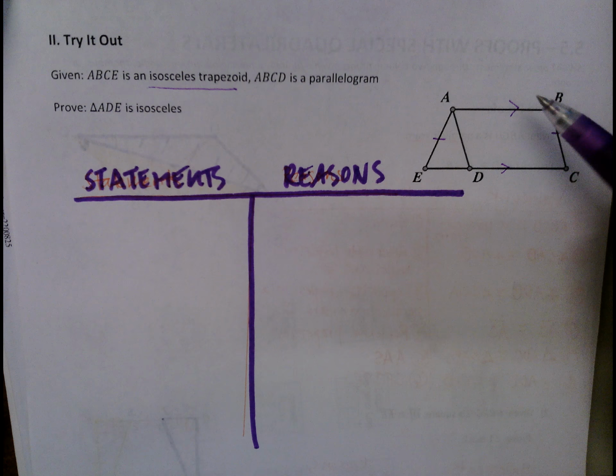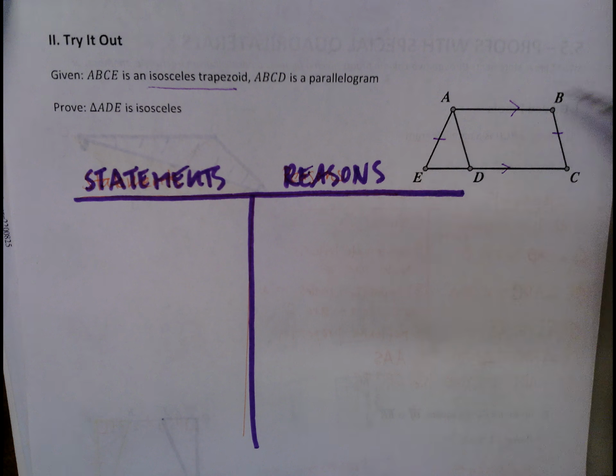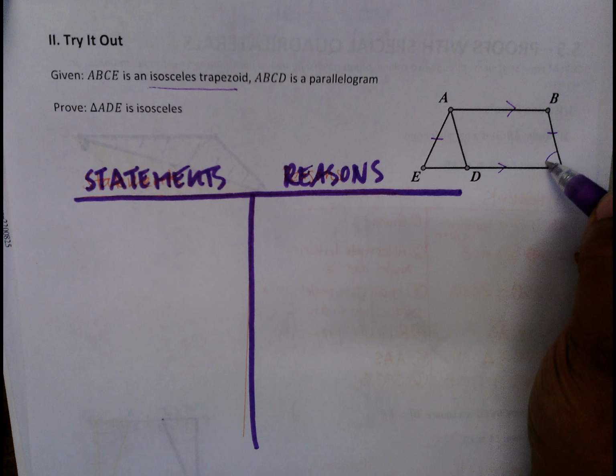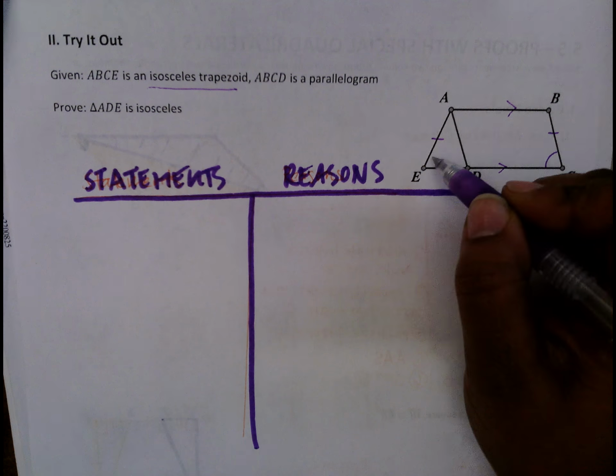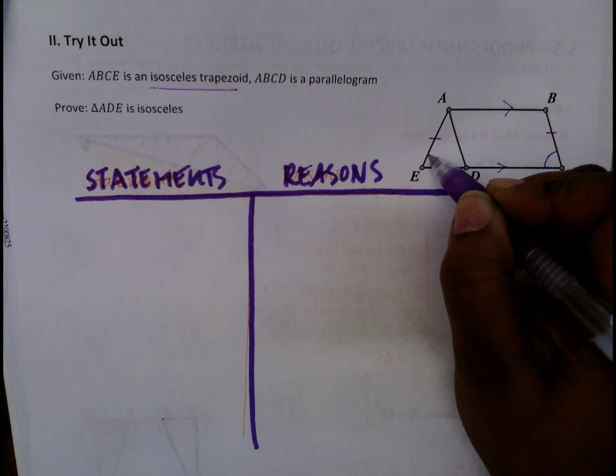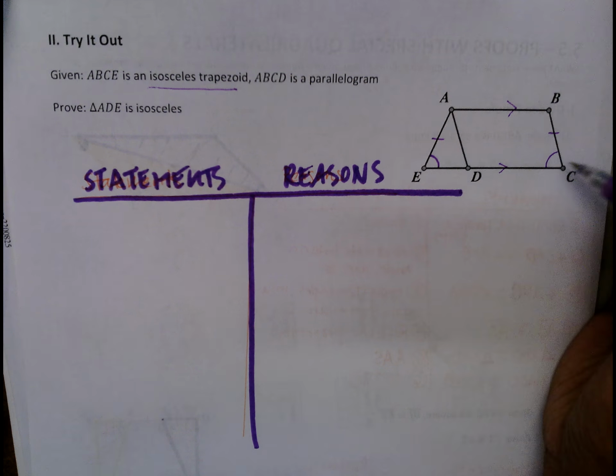So ABCE is our trapezoid. The non-parallel sides are congruent to each other, and also the angles at the bases, these angles here, base angles, are congruent as well, okay?